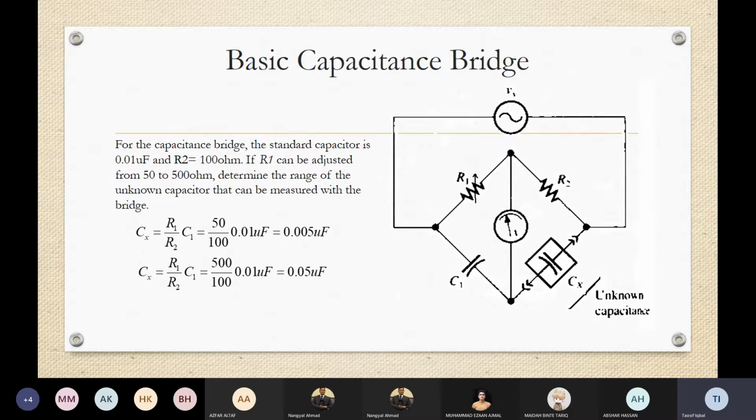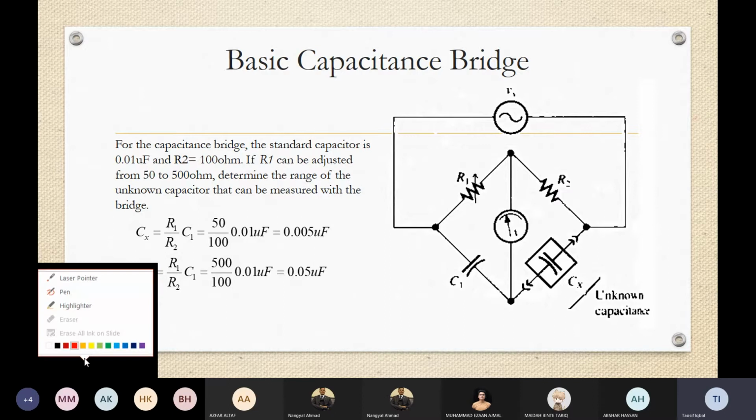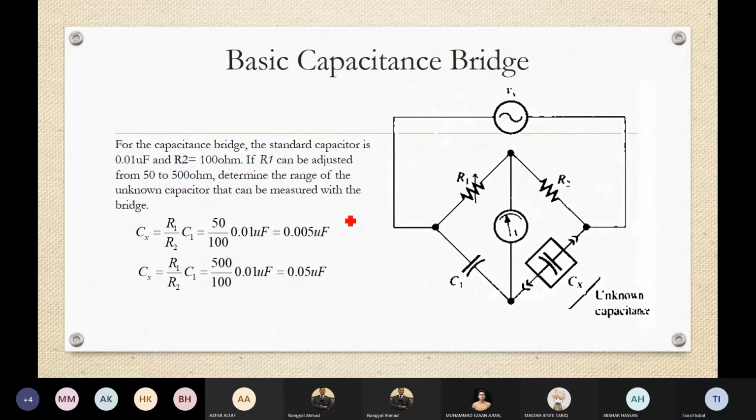Similarly, we can also include R2 and change the range of measurements. Similarly, we can select multiple capacitors, and therefore we can get multiple ranges as well.